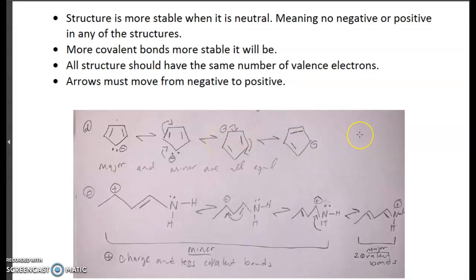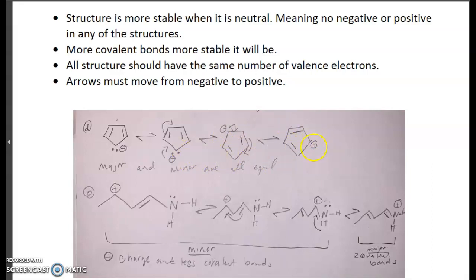Like I said before, I call it a cat and mouse kind of game, where one's chasing the other, trying to complete its valence, outer shell, I should say, not bonds. As you can see, it goes from negative here, then goes to here, then to the other side, and then goes back to where it was before.